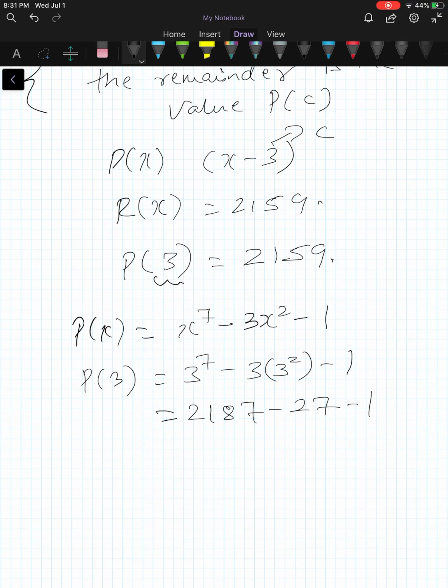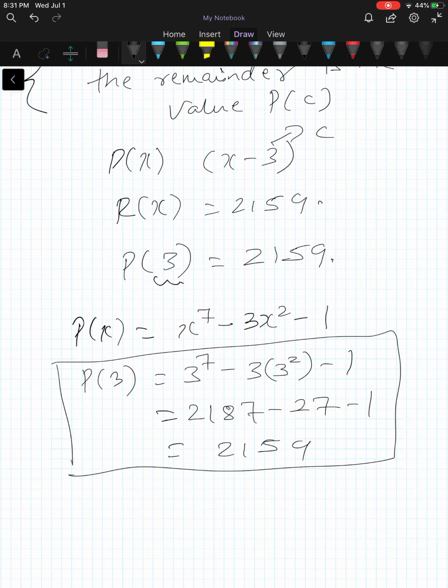So 2187 minus 28 is 2159. So what the remainder theorem says is perfectly alright. This is how you use the remainder theorem to find the value p of 3.